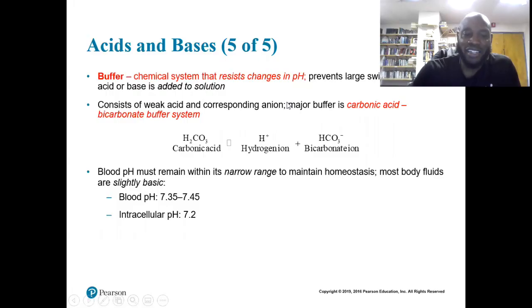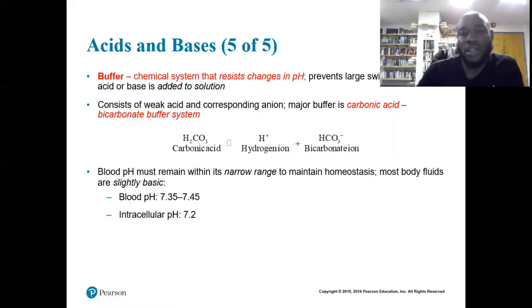Your body is at a specific pH. You see the blood pH here, 7.35 to 7.45. Your body stays in that range. Your body does not want to get to like a 5 pH, which is acidic, or a 9 pH, which is basic. It wants to stay right around there, pretty close to water.